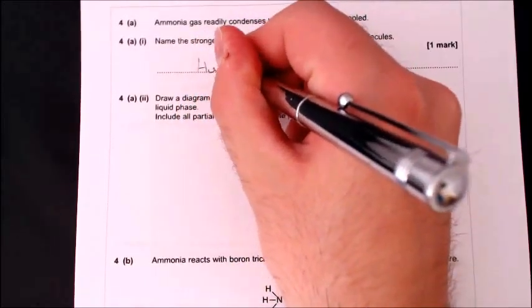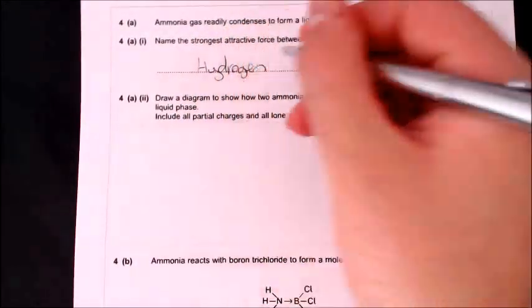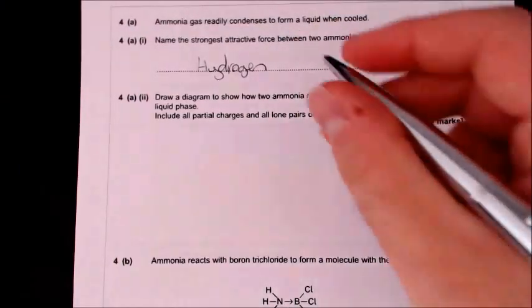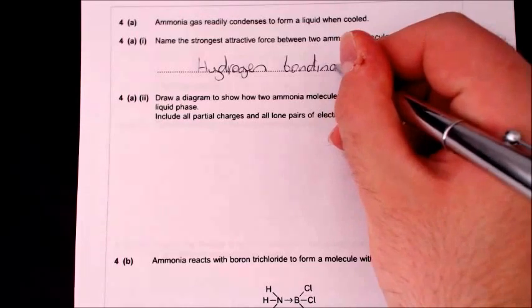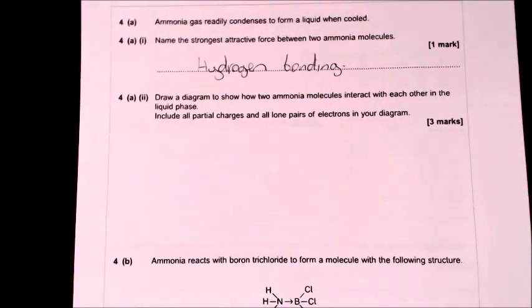Now, hydrogen bonding is an intermolecular force, should I say, that actually only occurs between hydrogen and some of the most electronegative elements in the periodic table, which is nitrogen, oxygen, and fluorine.